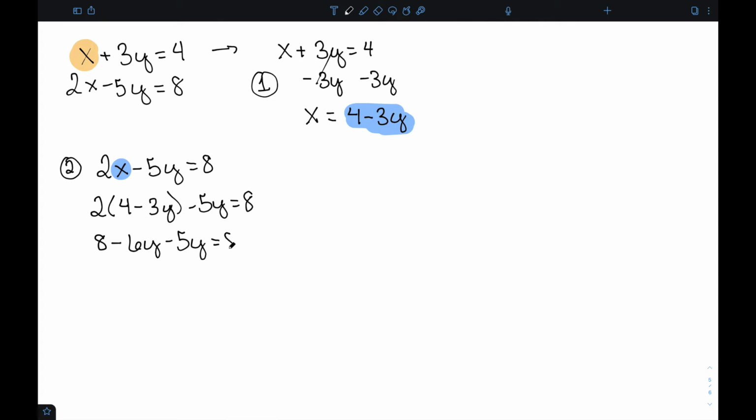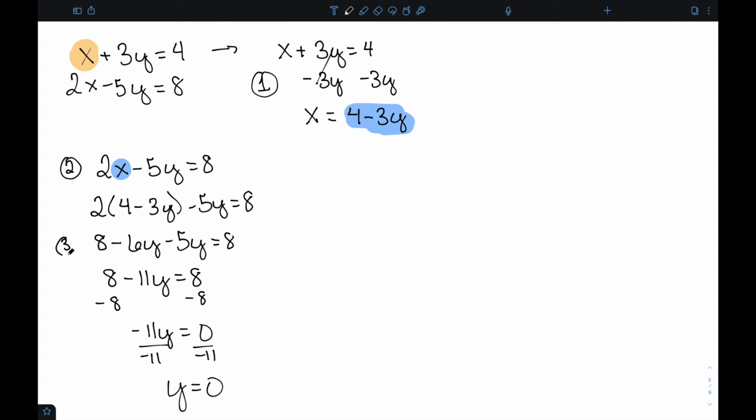Minus 5y equal to 8. Simplifying, I have 8 minus 11y equal to 8. I can subtract 8 from both sides. That gives me negative 11y equal to 0. And dividing both sides by negative 11, I get that y is equal to 0. So step 2 did that substitution, and then step 3 was me solving this equation for y.